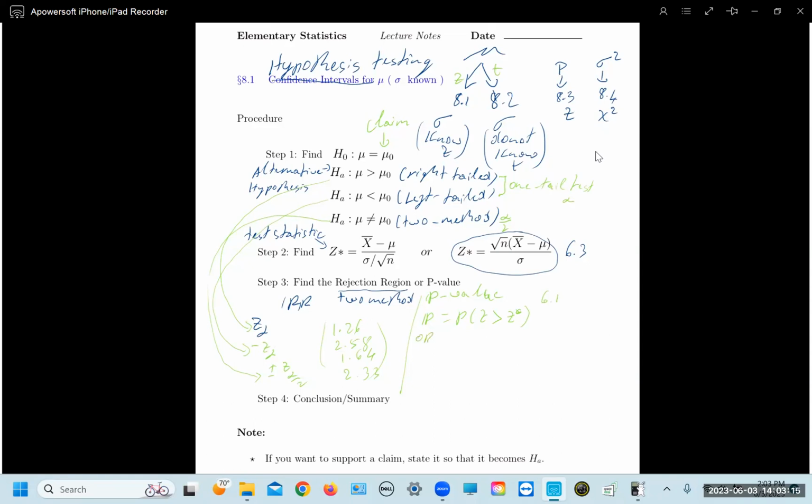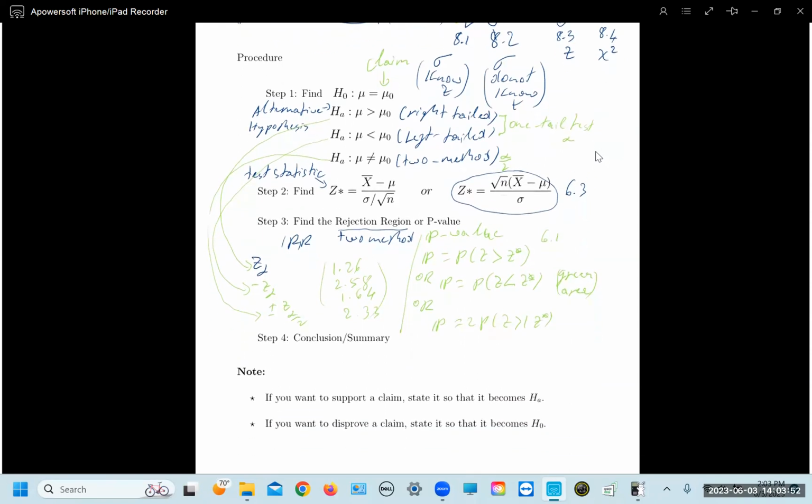Or, still the same thing, P equals P(Z less than z star), which is the area. Or P equals 2 P(Z greater than absolute value of z star).